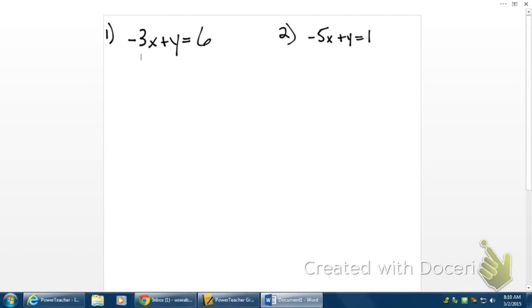Well, it's always y equals mx plus b. So we always need y equals. Okay? So let's say if I wanted to get both of these equations into slope-intercept form, what would I have to do for each one of these?